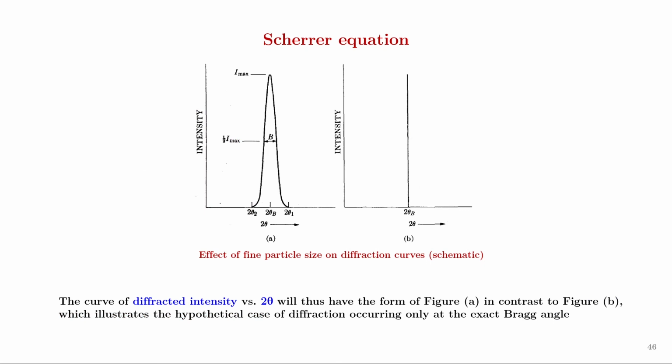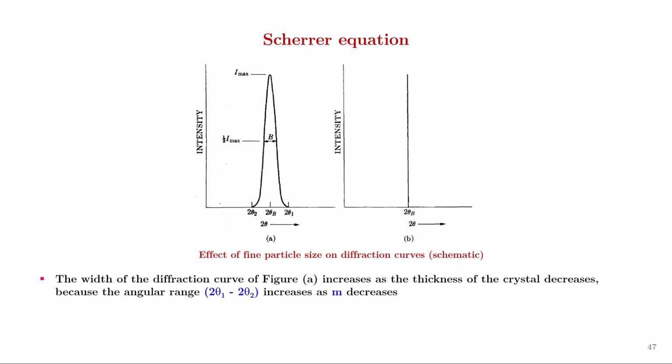The curve of diffracted intensity versus 2 theta will thus have the form of figure A in contrast to figure B, which illustrates the hypothetical case of diffraction occurring only at the exact Bragg angle.